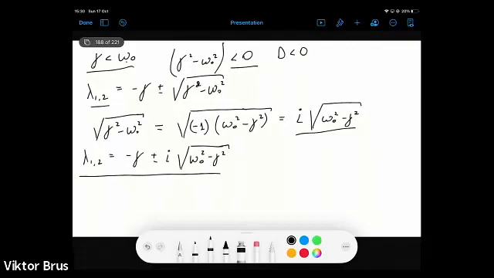So the general solution for our differential equation in this case will look like this. So it will be x as a function of t will be e to the power of minus gamma t. So it's the exponent which we took out from the parentheses before.